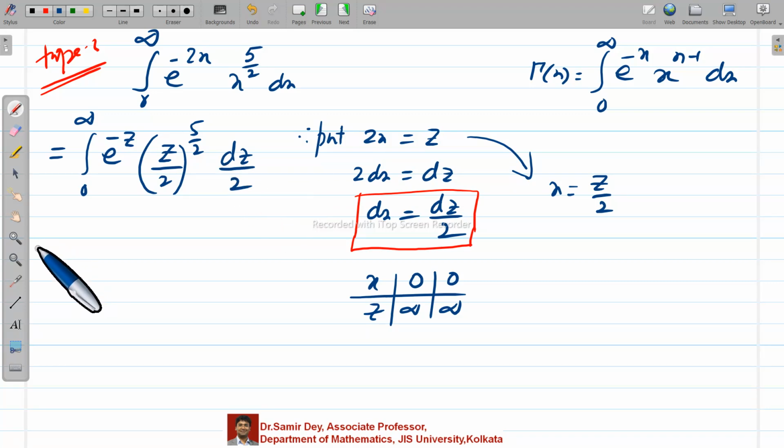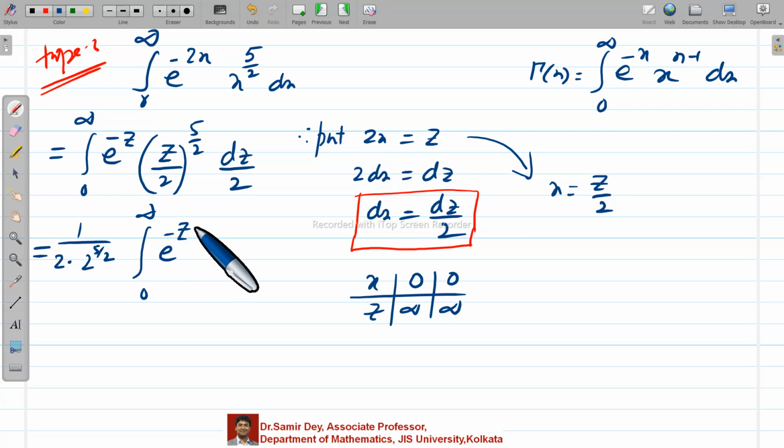Now you first have to extract the number. So from here it is coming 1 by 2 into 1 by 2 to the power 5 by 2, because 2 is taken outside, and integral 0 to infinity e to the power minus z, z to the power 5 by 2 dz. Clear? I think it is clear to everyone.